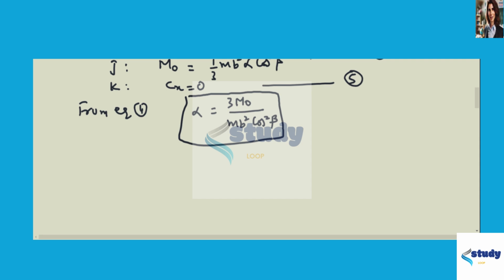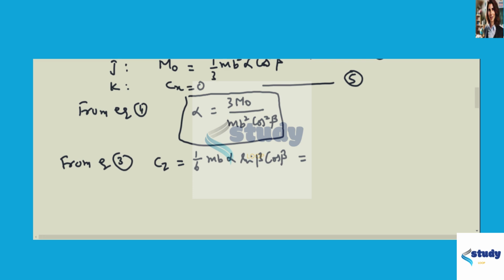From equation 3, Cz will be 1 by 6 of mb alpha sin beta cos of beta, substituting the value of alpha here.